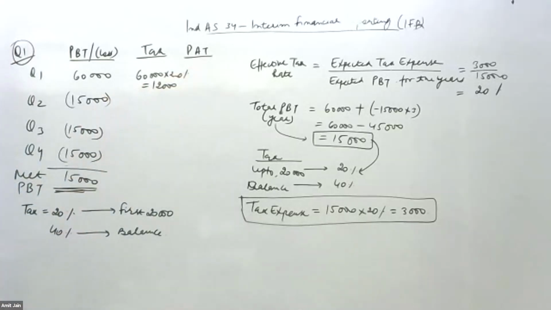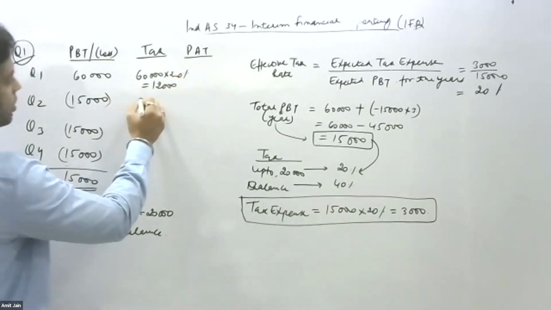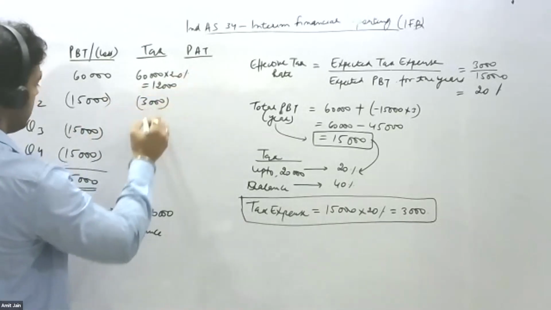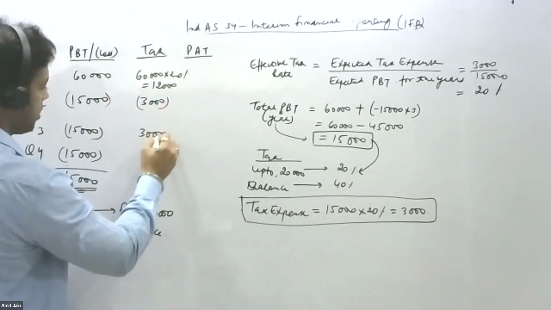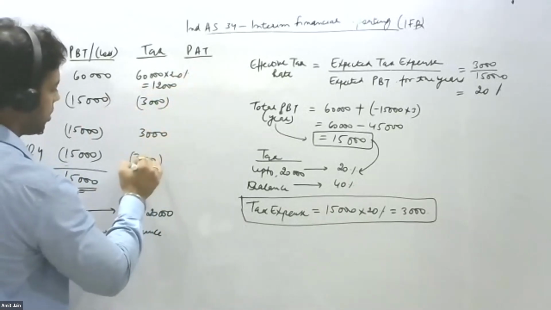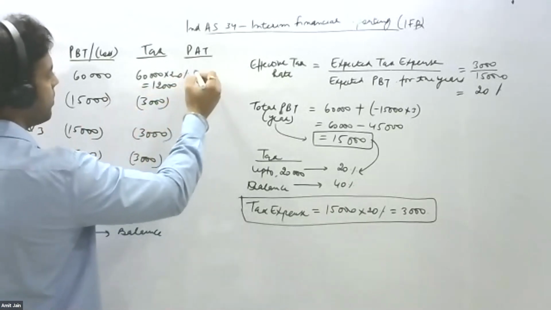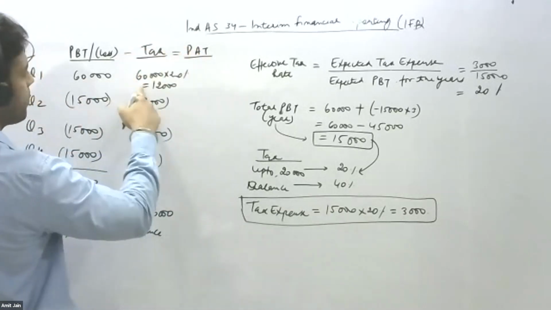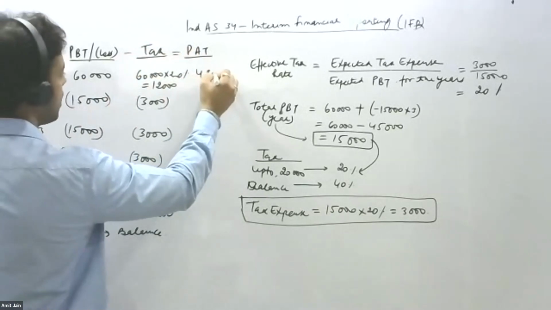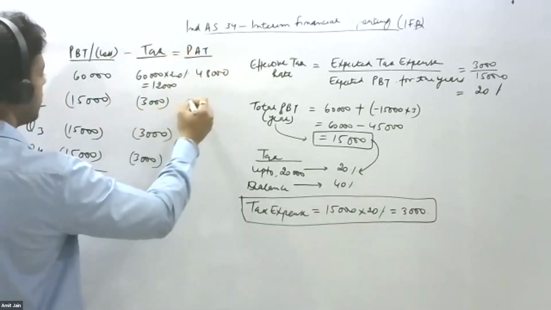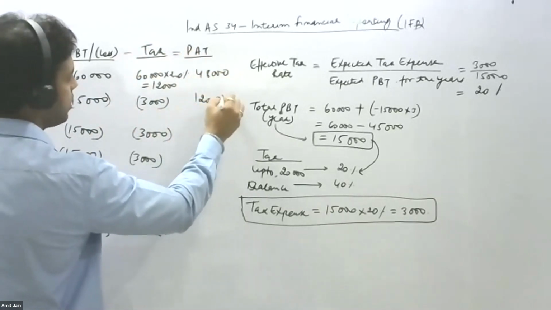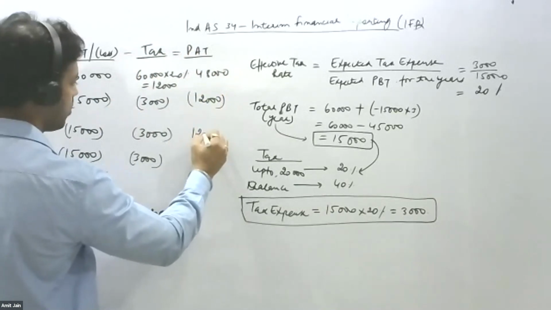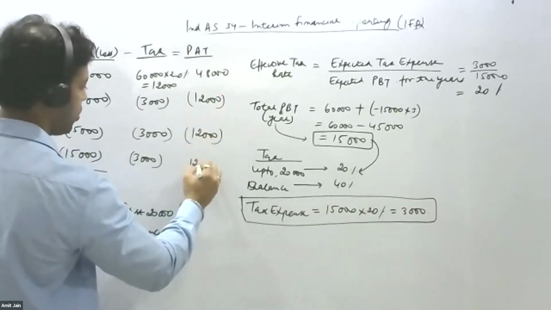Then I need to compute the number, right? 3,000, 3,000 and 3,000. And similarly, I will compute PAT. 60,000 minus 12,000, 48,000. And this will be again 12,000 net, 12,000 net and 12,000 net.